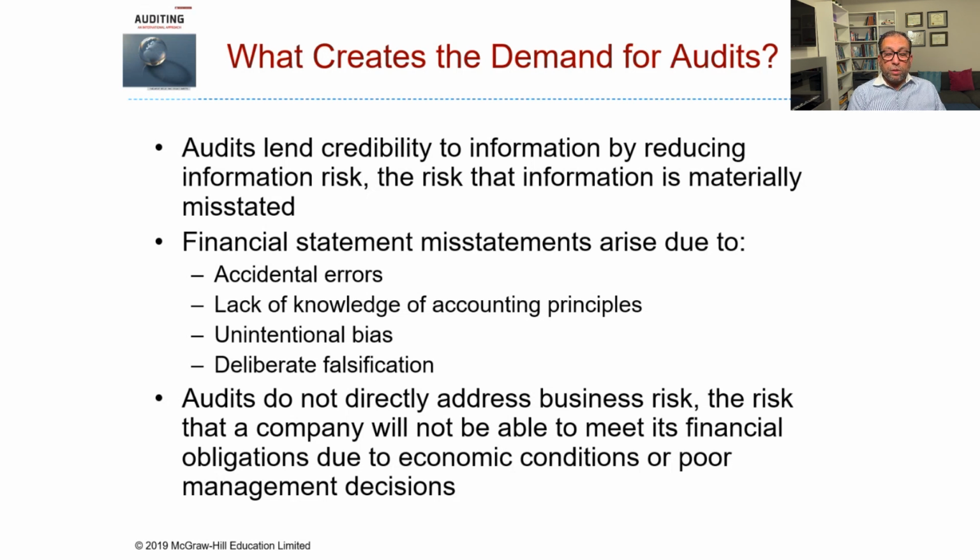Those who prepare the statements don't know the standards, and for that reason what they are presenting is not the true picture. And the last one, which is the most lethal and problematic, is deliberate falsification, where the maker intentionally wants to mislead the user.